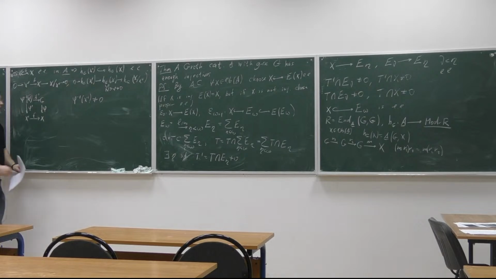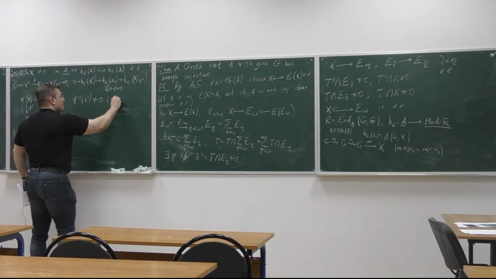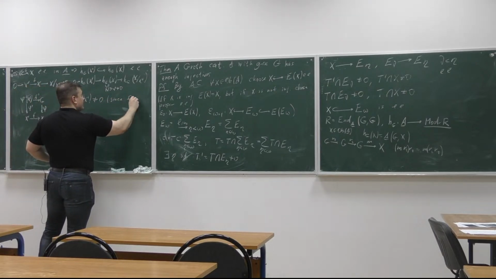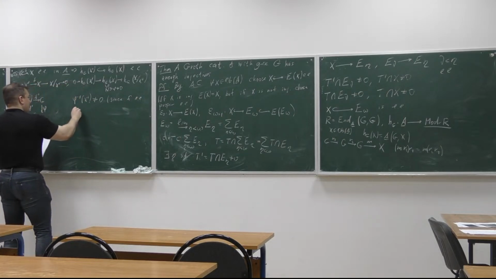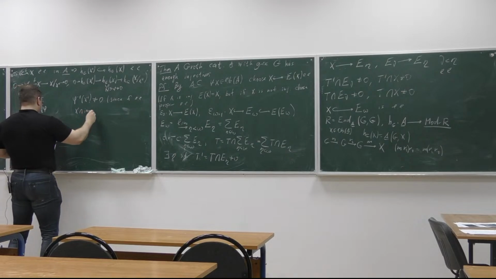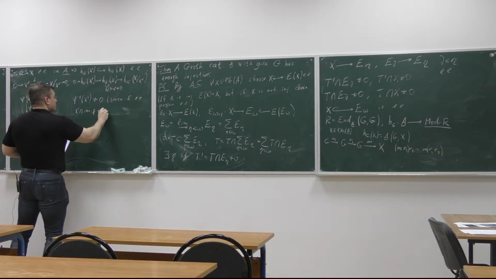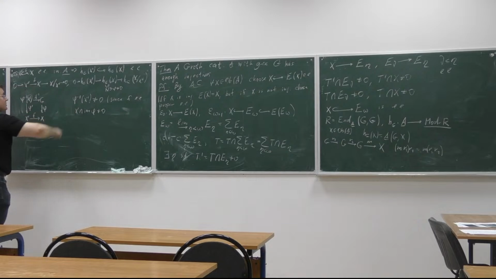Since f is an essential extension, X prime intersect with the image of phi is not equal to 0. Hence, this thing is not equal to 0, because that would contradict this last condition. Okay, so that's a non-zero object.